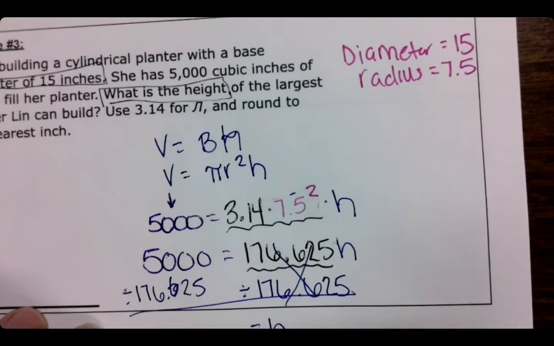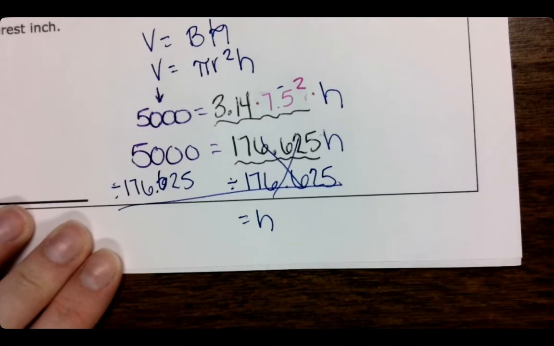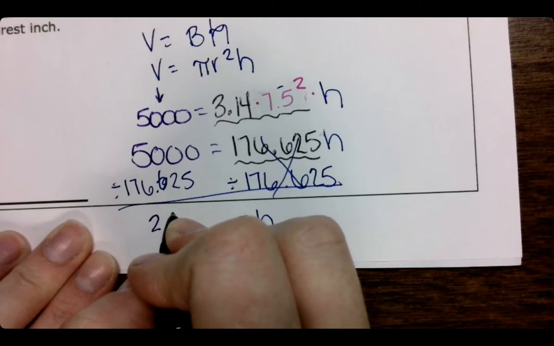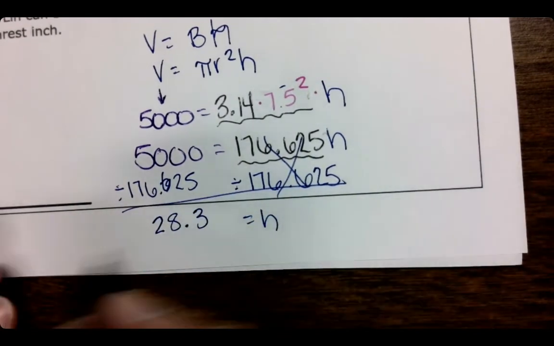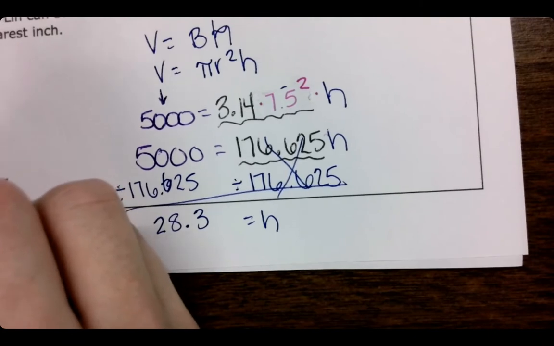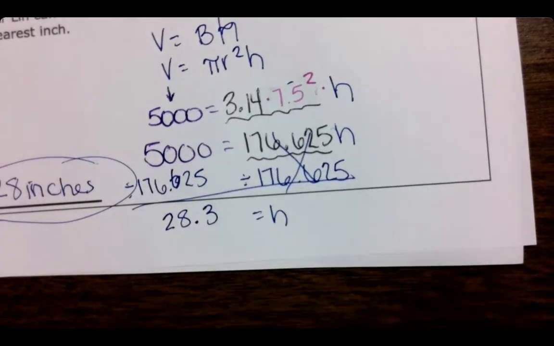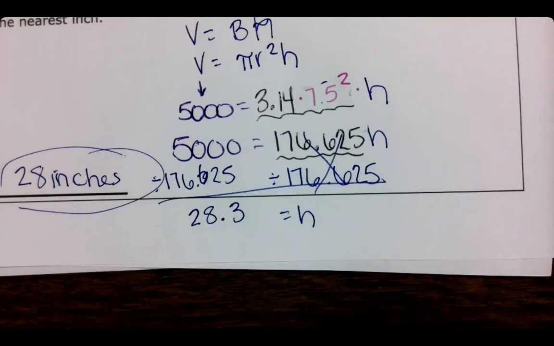Leaving us with h equals 5,000 divided by that answer. Round to the nearest inch. So we have 28.3, which means to the nearest inch would be 28 inches. Okay? 28 inches.